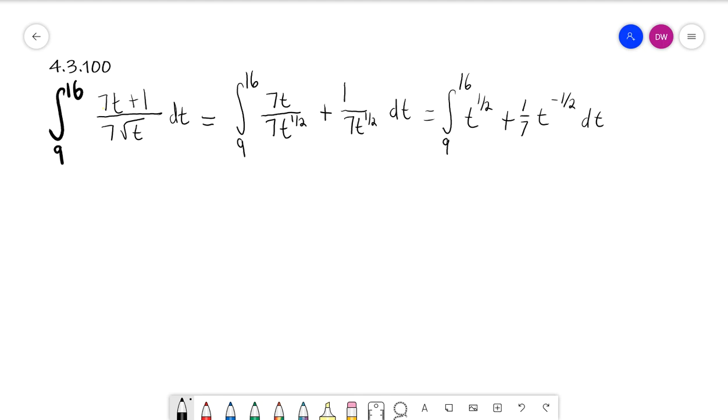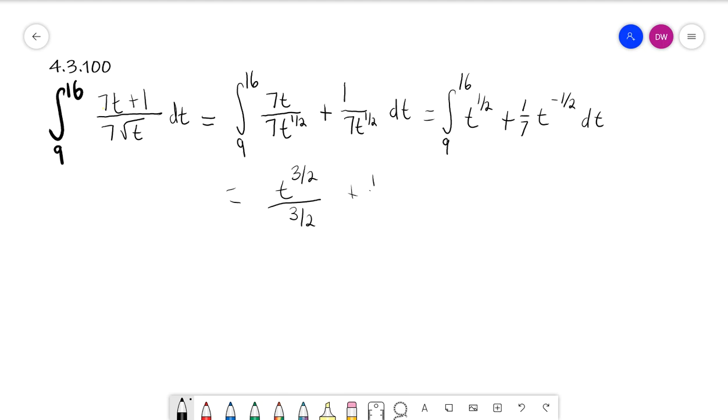Okay, so now the antiderivative for this is just two power rules. So for the first one, t to the 1/2 power, add 1 to that exponent. 1/2 plus 1 is 3/2. And then divide by 3/2. Sorry, I meant to say divide by 3/2.